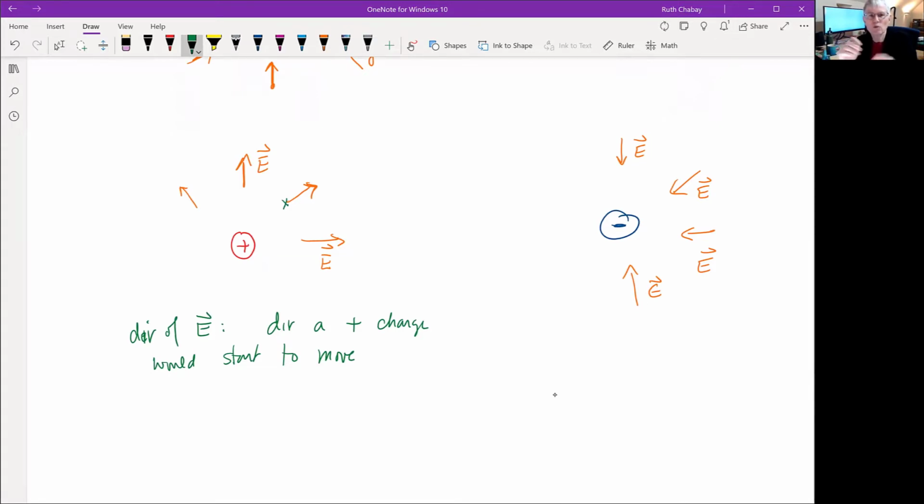So the way you measure electric field is with a test charge. You have to put a charged particle there and see which way it moves. And you want to use a really small charge because you don't want it to affect the position of what we call the source of the field. So this is the source.